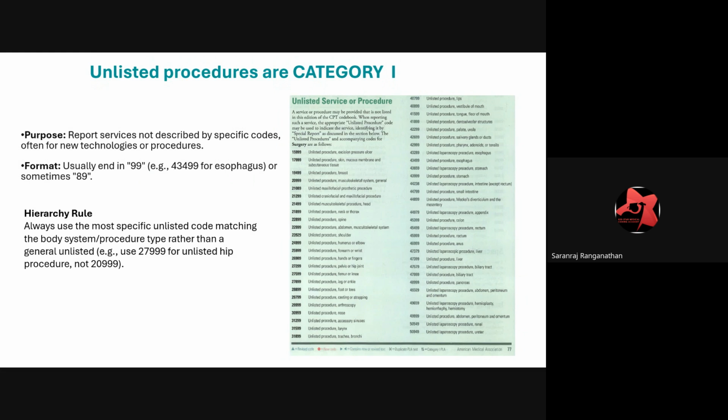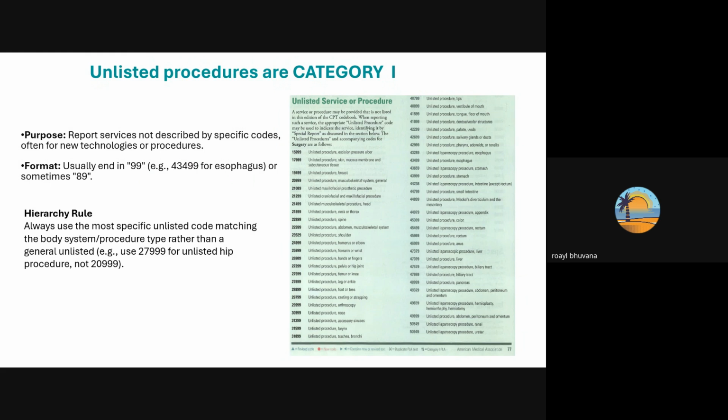Some anatomical procedures, or anything where new technology is going to be introduced for that service, they keep in the unlisted code. Those codes always end with either 89 or 99. For example, we have the code for excision of pressure ulcer, anatomical site wise.